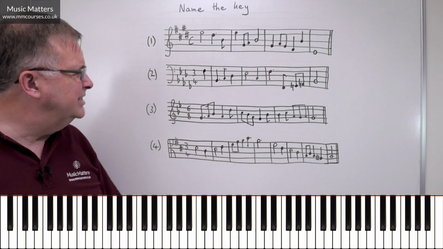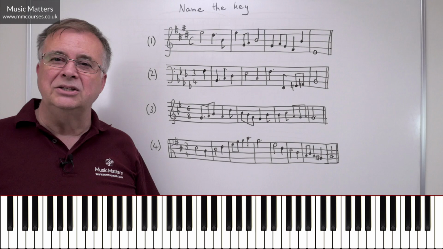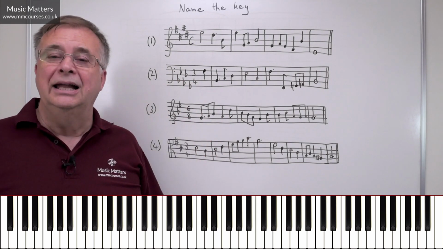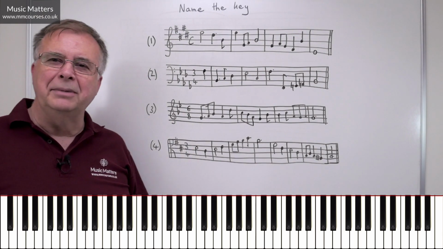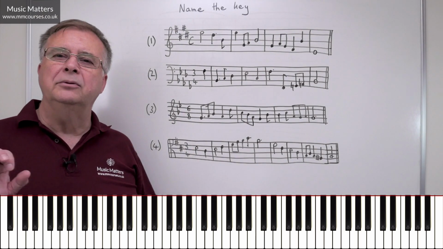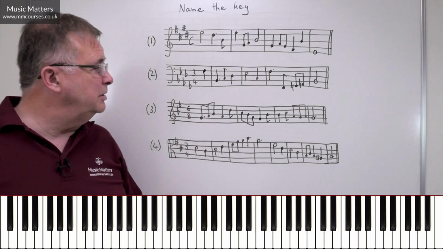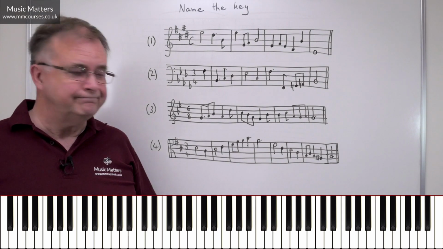Oh, it's starting to look much more like G minor than it is B flat major. So tricky one in a way, because it's sort of there by implication. So I wonder how many people thought that was in B flat major, and I wonder how many people just went that extra mile and thought about the evidence that might point us to G minor. And the answer is that one is definitely in G minor.